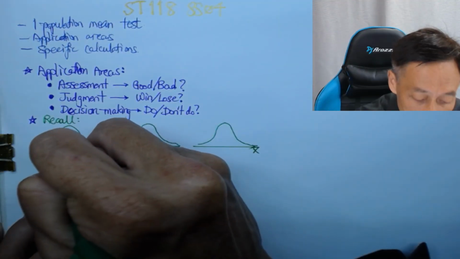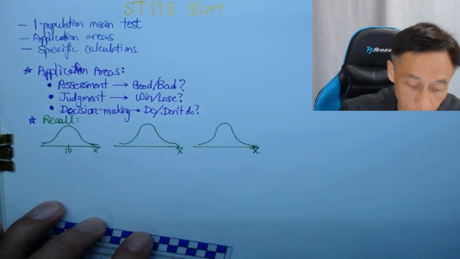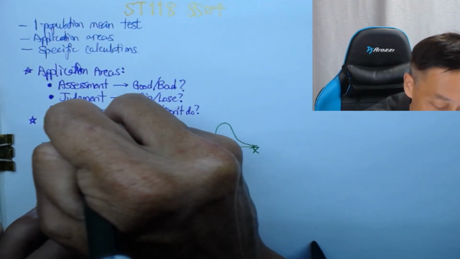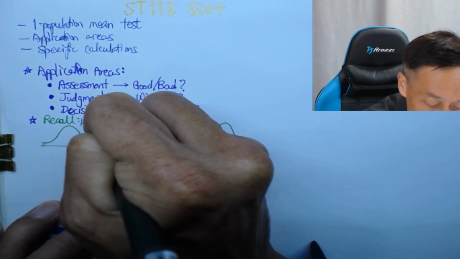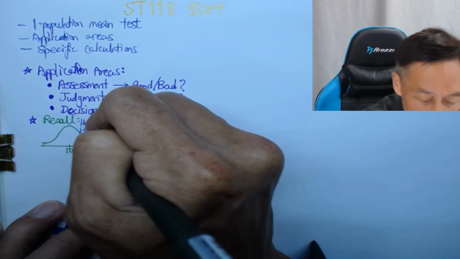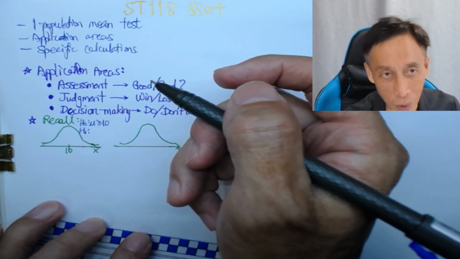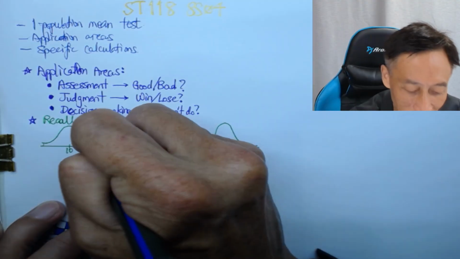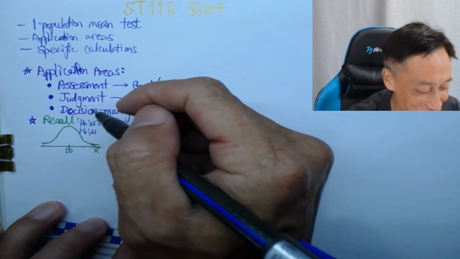So in one instance, we said that the H naught was mu greater than or equal to 10. Is the mean temperature, we don't need to say, or rather in layman's terms, we don't say population mean temperature, because seldom will people say that unless they fail their statistics test and keep wanting to remind themselves.